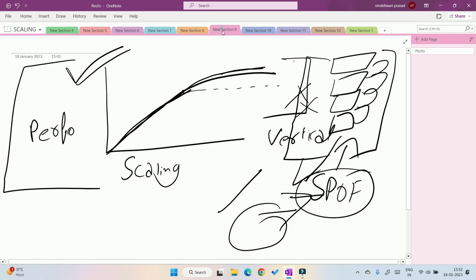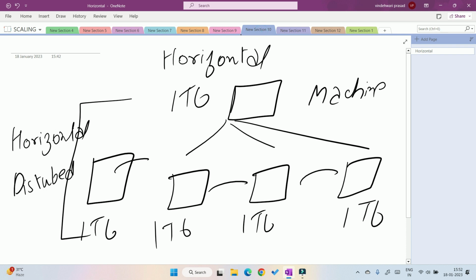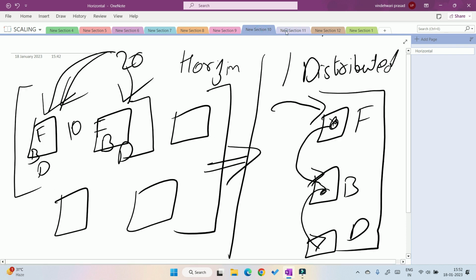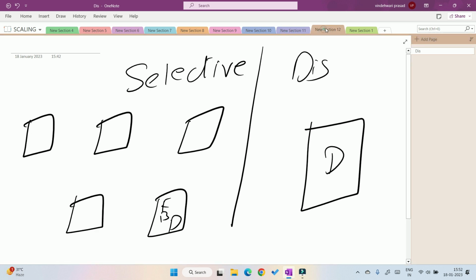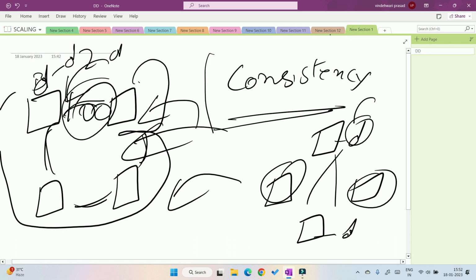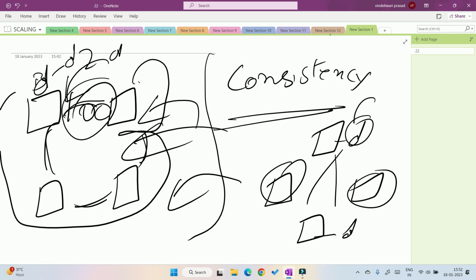Second, we go for horizontal scaling. We divide the load across different machines. Here it is different from a distributed system. We discussed that horizontal scaling cannot do selective scaling. Then we discussed that consistency is a very big issue in horizontal scaling. It is present in distributed systems too, but it is not that hard. The hard part is present in horizontal scaling.